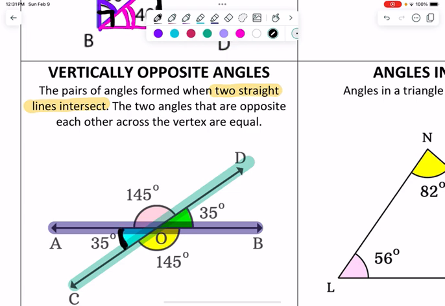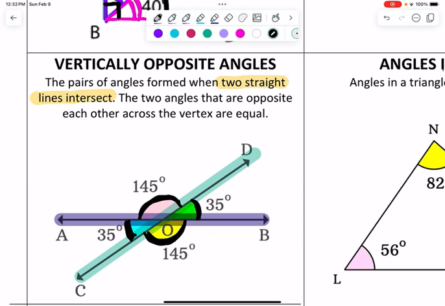So I have this angle here, this angle here, this angle here, and this angle here. Now, when I have two lines that are straight that intersect, I create these four angles. But the fun thing is the two angles that are opposite each other across the vertex.